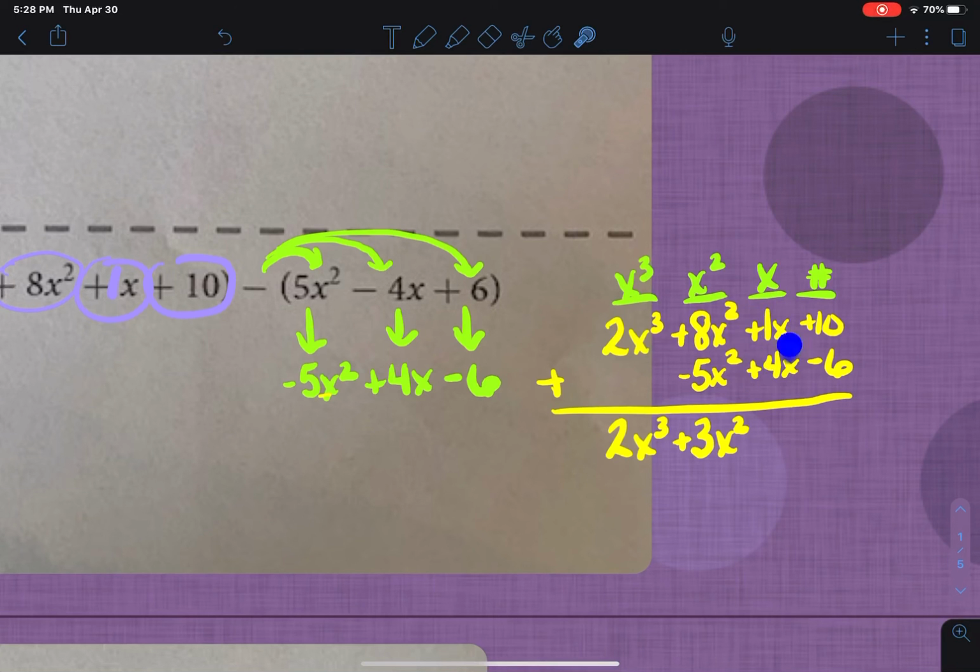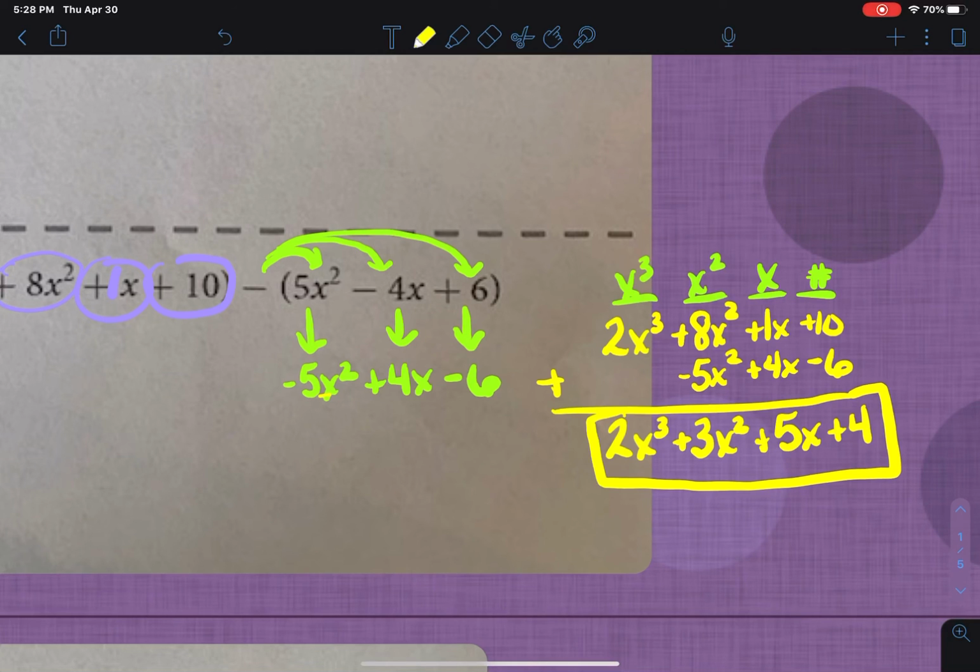On this one, 1x and 4x, both being positive, is going to be 5x. And then 10 plus negative 6 is going to be positive 4. Okay, we're going to start some beginning ones today, and those will be the first of them. Let me know if you have questions.